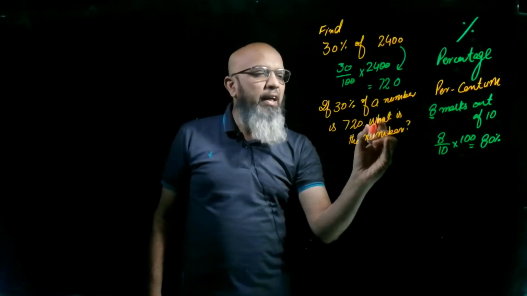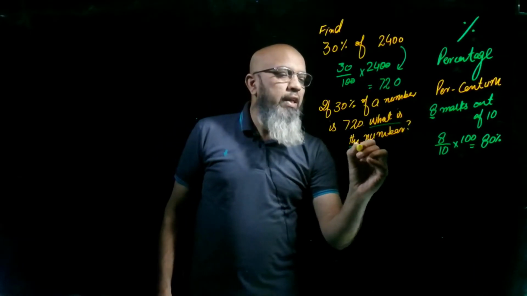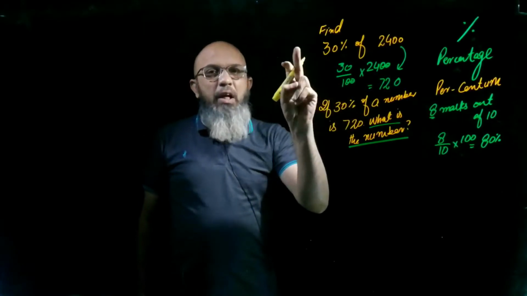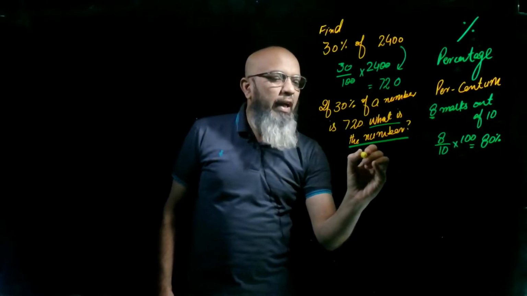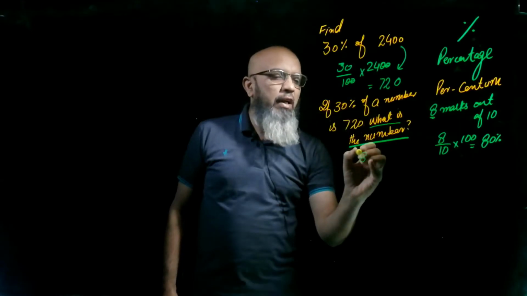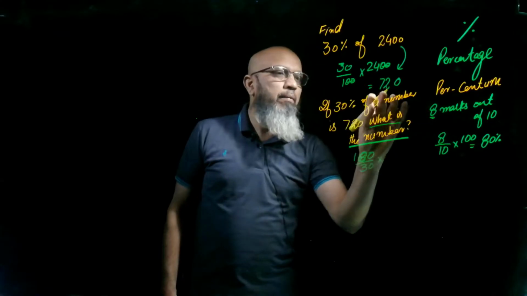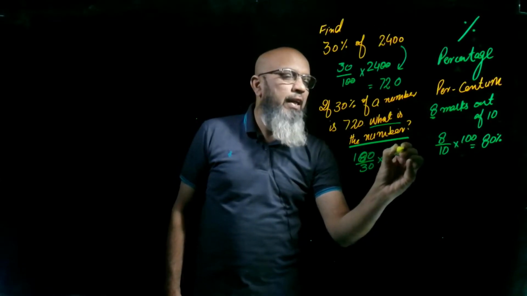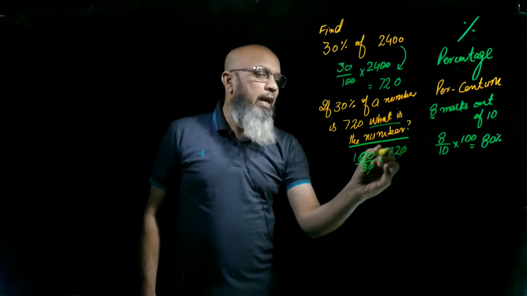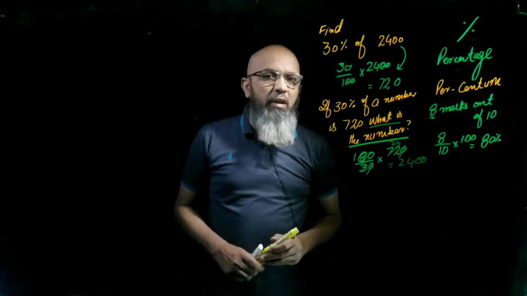Now we have to find the original value, so 100 comes in the numerator. It means 100 divided by 30 multiplied by 720. You cut the zeros, 3 24s are 72, and your answer is 2400, right?